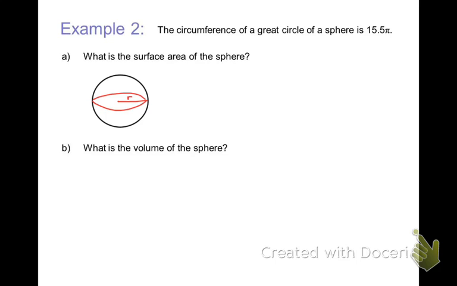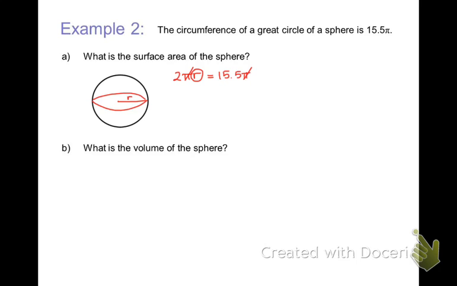You know that a circumference is 2 times pi times the radius, right? So if I know that 2 times pi times the radius is supposed to equal 15.5 pi, can't I work backwards and find r? Sure can. So first things first, your pi's are going to cancel. And then how are you going to get r by itself?